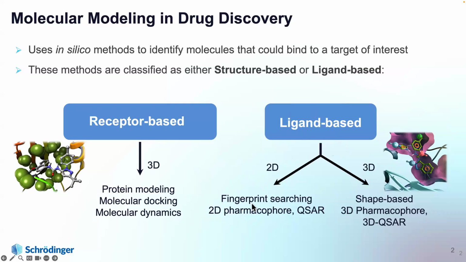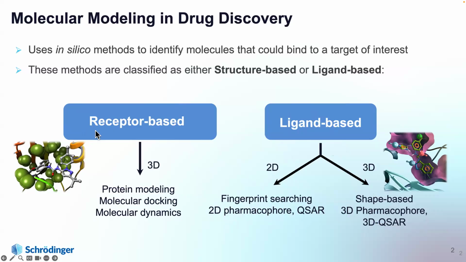Those are like 2D fingerprints, pharmacophore, 2D QSAR, or you can build 3D pharmacophore or 3D-based QSAR. Okay, so there are two different approaches in computational drug design, receptor-based and ligand-based.